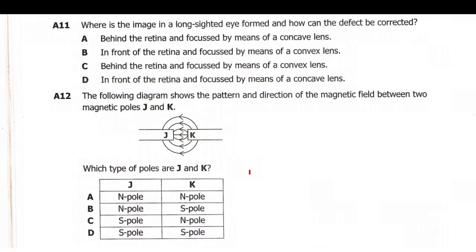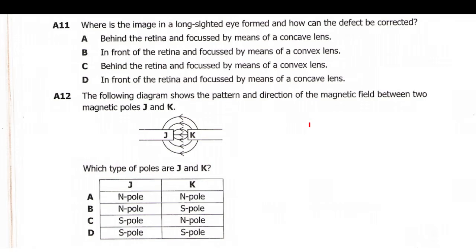Why is it so? Because the rays, when they enter into the eyes, the pupil converges them before they reach the retina where the image is supposed to be formed. So how can such problems be corrected?